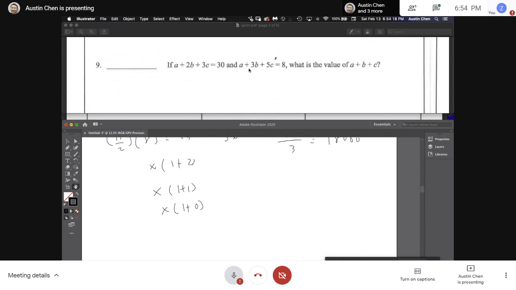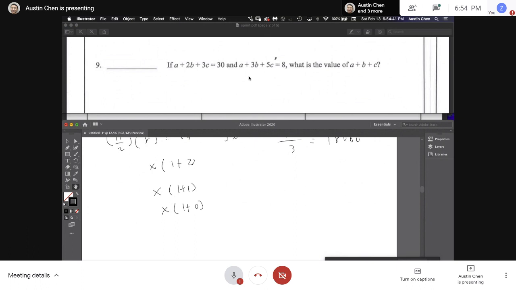So basically, you can assume any one of these variables to be a certain number, and then solve for the other two variables, and then just sum all of your three variables together. You can do this because you're going to have infinite solutions since you have more variables than you have equations.